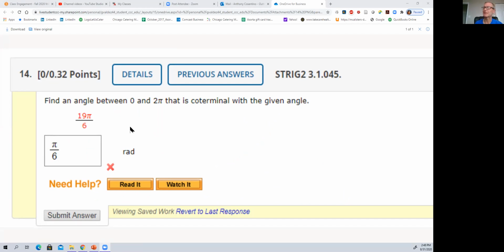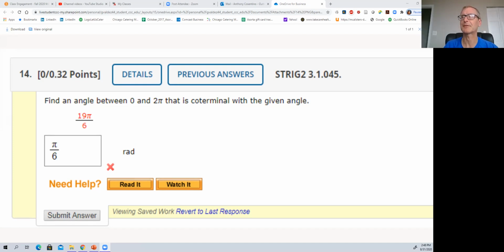If you look at this, 19 pi over 6 is bigger than 2 pi, right? Because if you divide 19 by 6, I get 3.166, so it would be 3.166 pi, which is bigger than 2 pi. If you want a smaller angle between 0 and 2 pi, the logical thing would be to subtract 2 pi to get it within the values the problem is asking for.